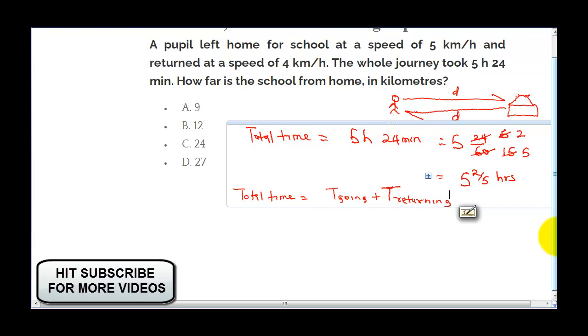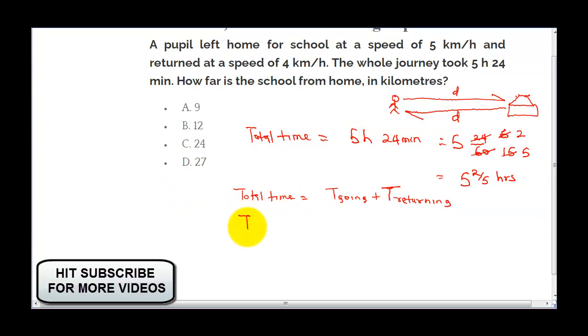So from here, we can now say total time will be what? Now, for T going, this is the time taken to go the journey. Now, what is the formula for time? Remember we said speed is equal to distance over time, therefore time will be what?